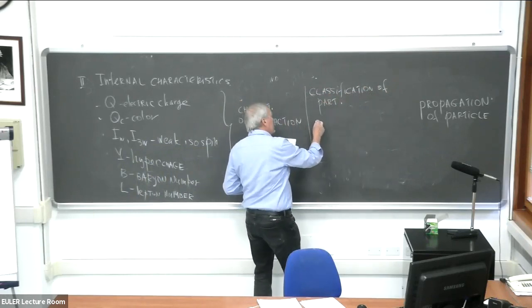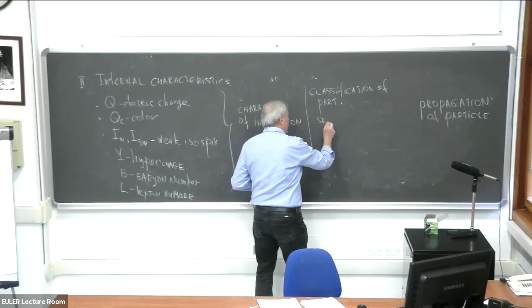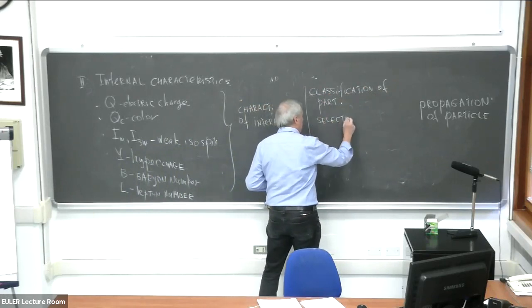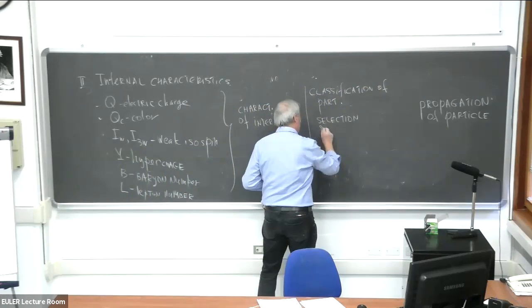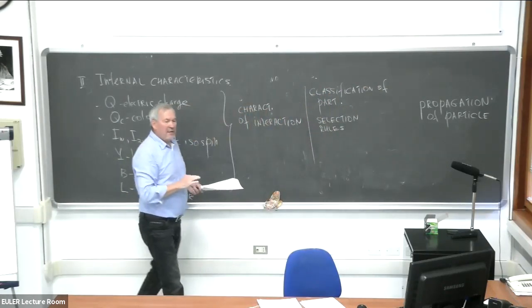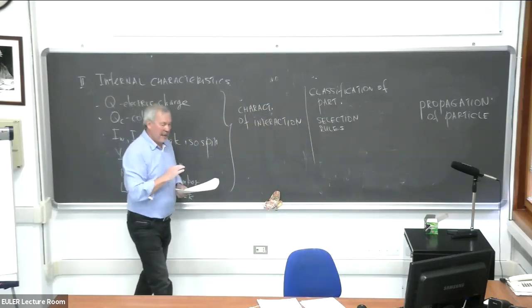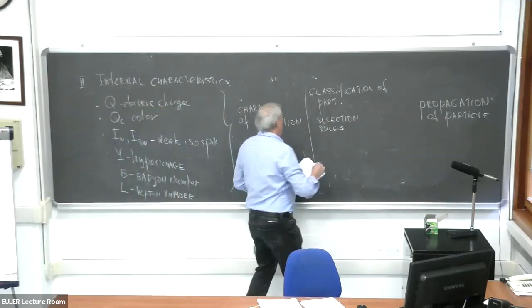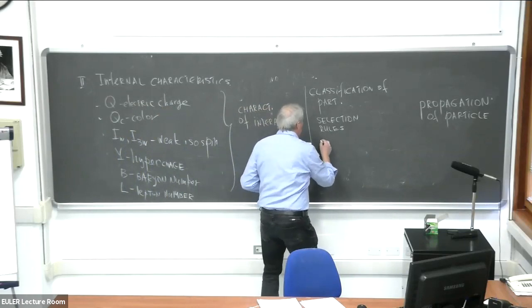It provides us with selection rules, which means it tells us if some processes can occur or not. And in fact, most of them actually turn out to be coupling constants.